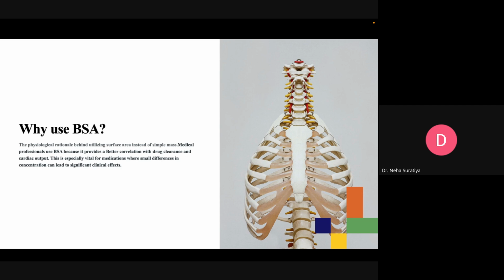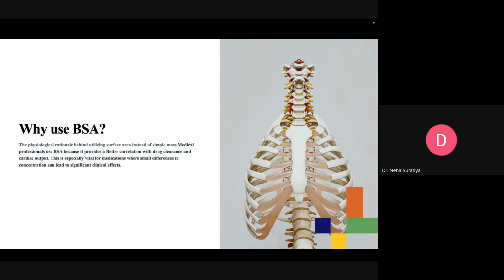Medical professionals use BSA because it provides a better correlation with drug clearance, cardiac output, and hepatic metabolic capacity as well, which is not written here, but I'm saying it for your understanding. This is especially vital for medications where very small differences in concentration can lead to significant clinical effects.